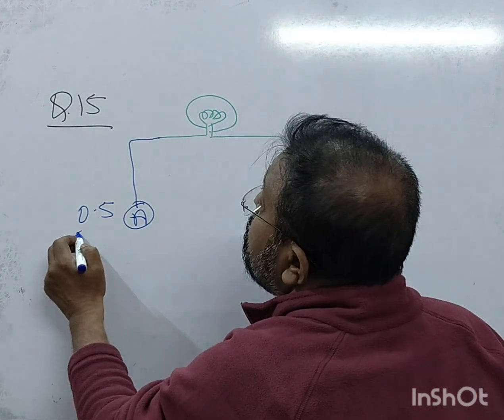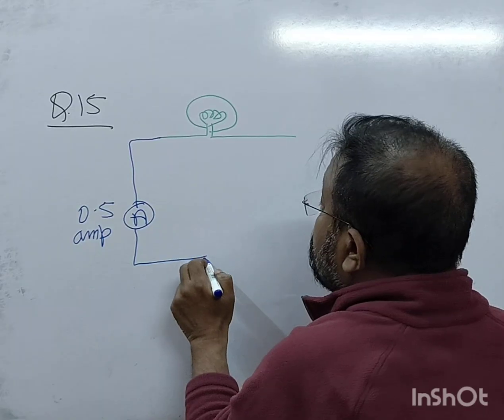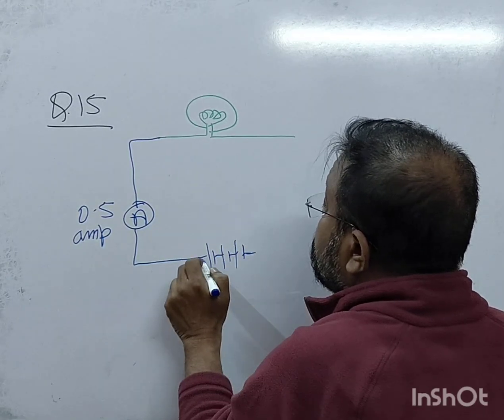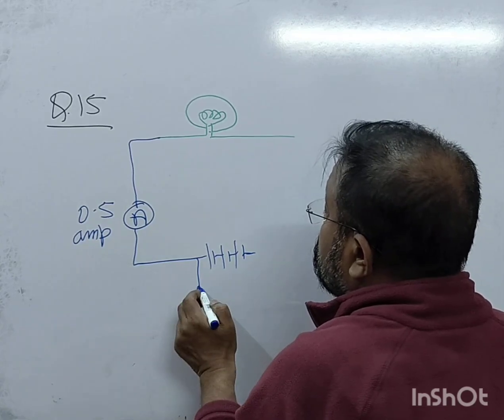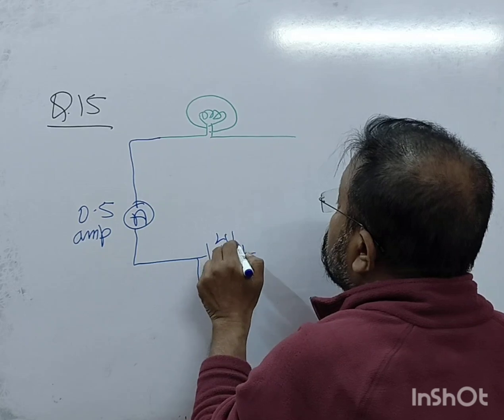Current is 0.5 ampere flowing in the circuit, and the potential difference across the terminals of the battery is 4 volt.